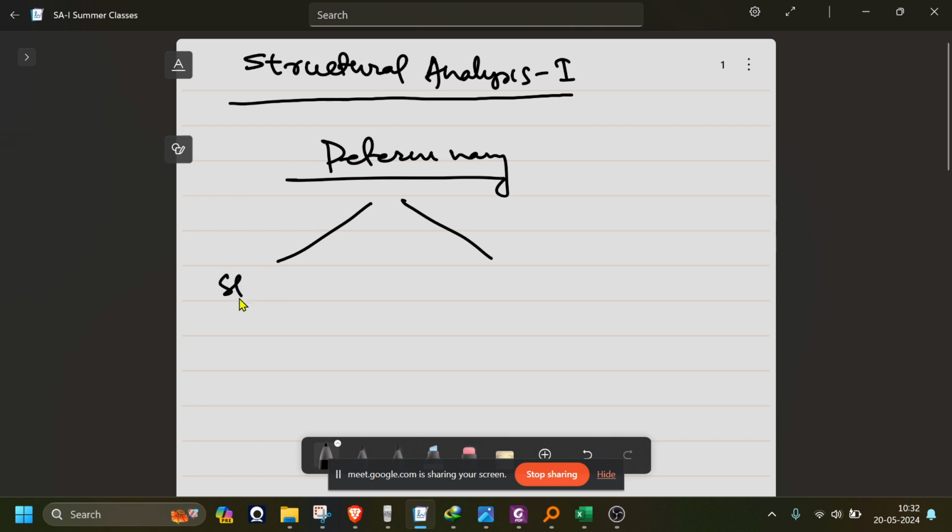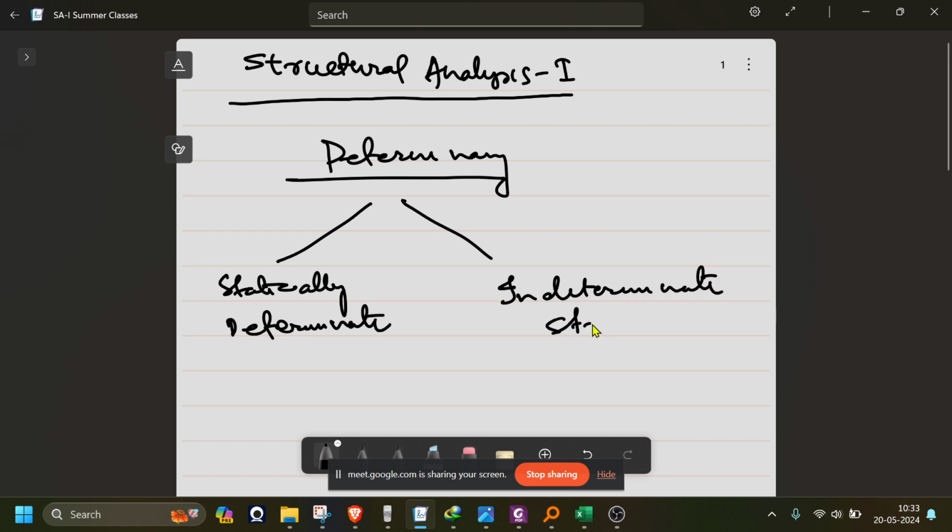One is statically determinate structures, and the other one is indeterminate structures, right? ठीक है? So statically determinate structure का मतलब क्या है?